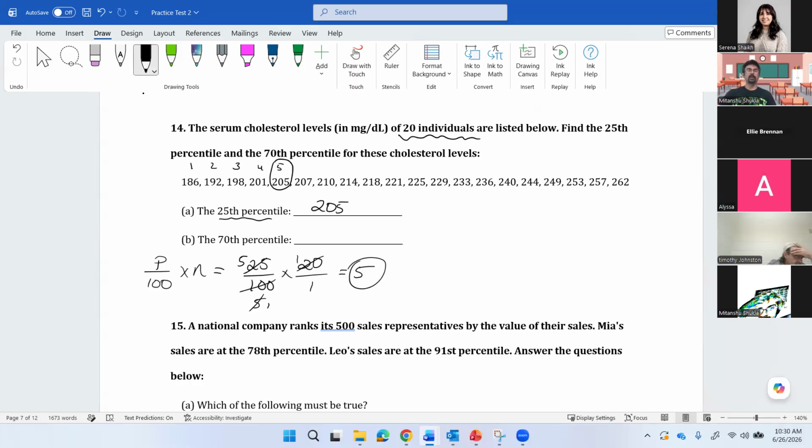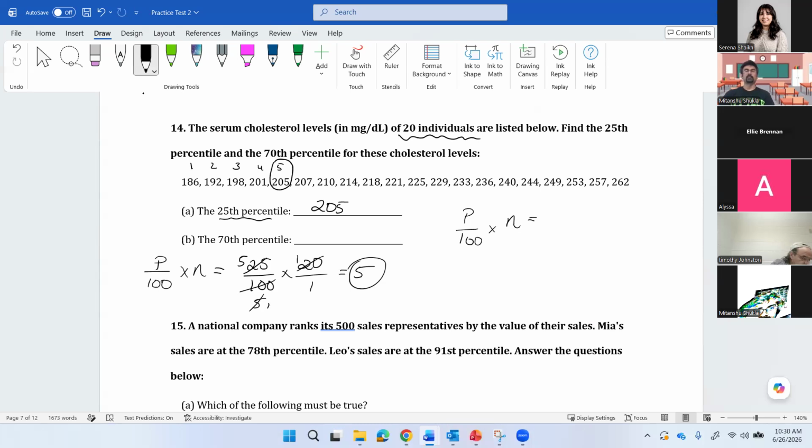Again, when we're finding where the correct percentile is located, we have to do the percentile I care about divided by 100 times the number of things that I have.